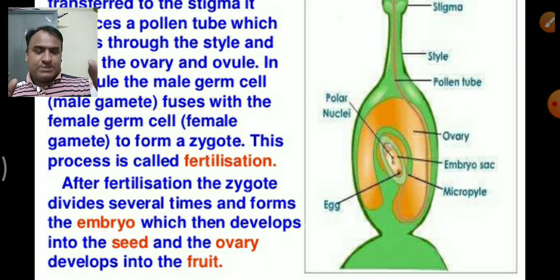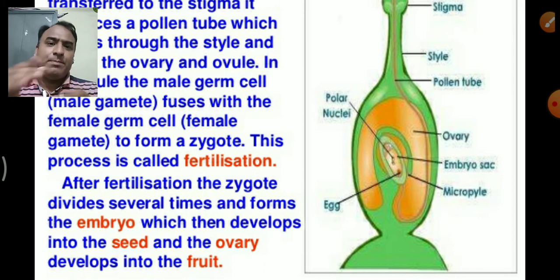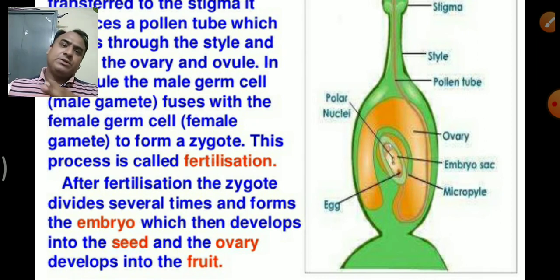One male gamete, the generative nucleus, combines with the egg cell and forms zygote, and the vegetative nucleus combines with the polar nuclei to form endosperm. Now again, what is double fertilization? In double fertilization, two male nuclei fuse with two different cells within the ovule.